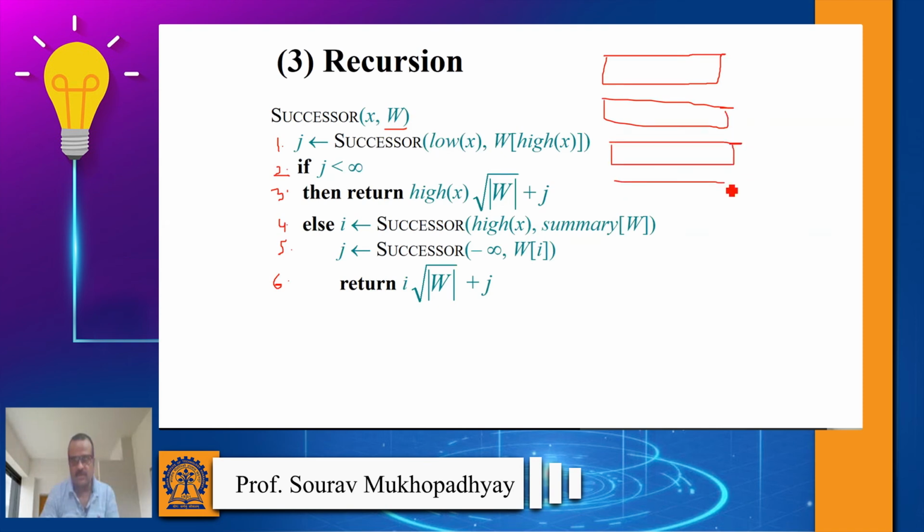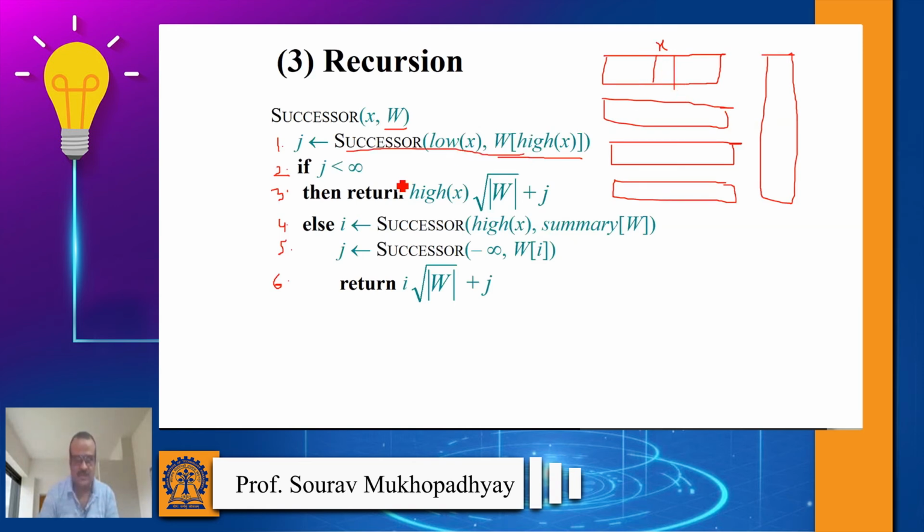We have drawn this picture so many times, and we have these summary bits. Now we find the position of this x over here, that is w of high of x. This may not be the first one anyway. Now we are finding the successor of low of x.